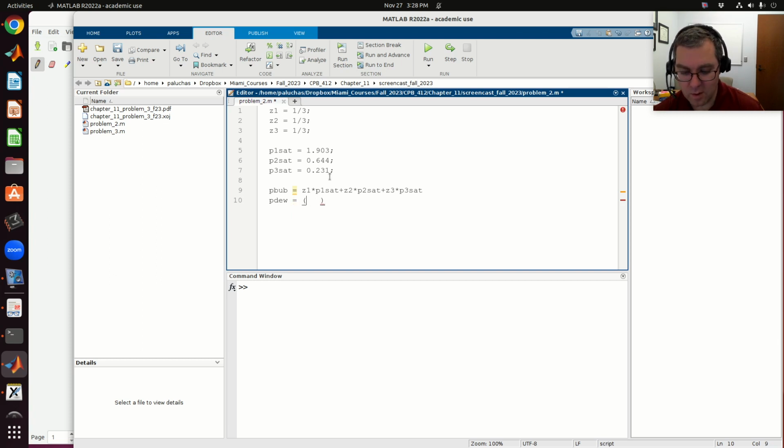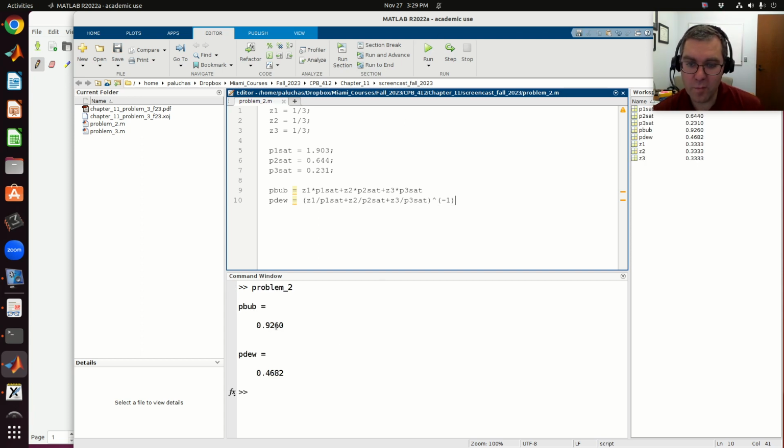Okay, but it's going to be z1 divided by P1 sat plus z2 divided by P2 sat plus z3 divided by P3 sat. And it's the inverse of that, so that raised to the power of negative 1. So if I run it, I get a P bubble of 0.9260 and a P dew of 0.4682.